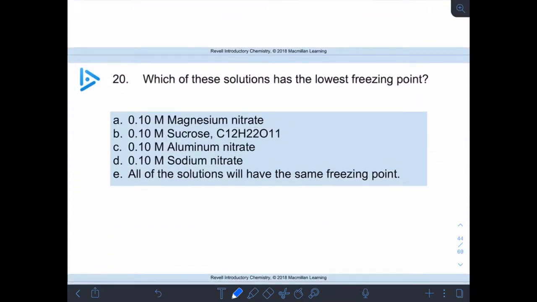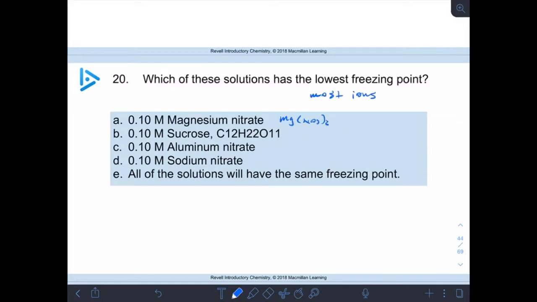Lowest freezing point, again, this is most ions. Right? So this is challenging your nomenclature here. So magnesium nitrate, that's Mg(NO3)2.